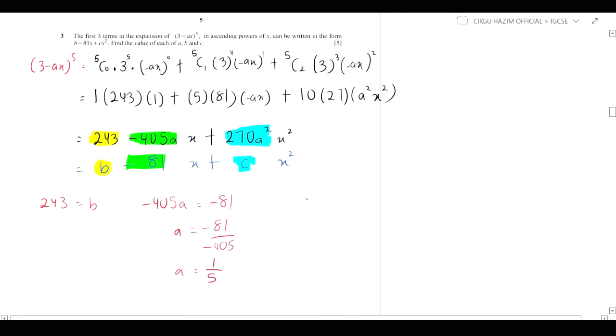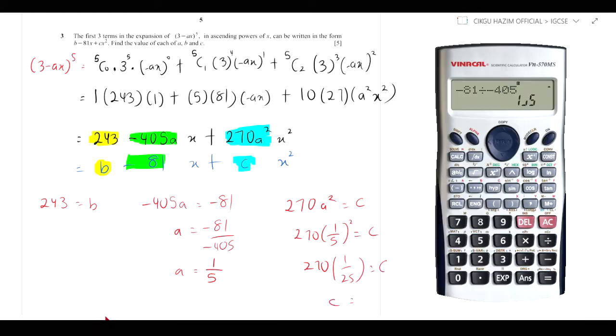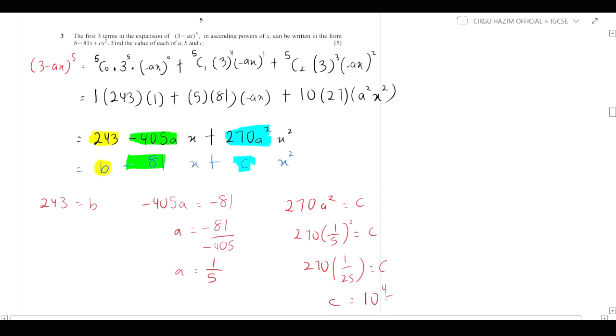How about c? 270 multiplied by a squared equals c. So a squared is 1 over 5 squared. So 270 multiplied by 1 over 25 equals c. Then c is the same as 270 divided by 25, and you get 10 4/5 or 10.8.